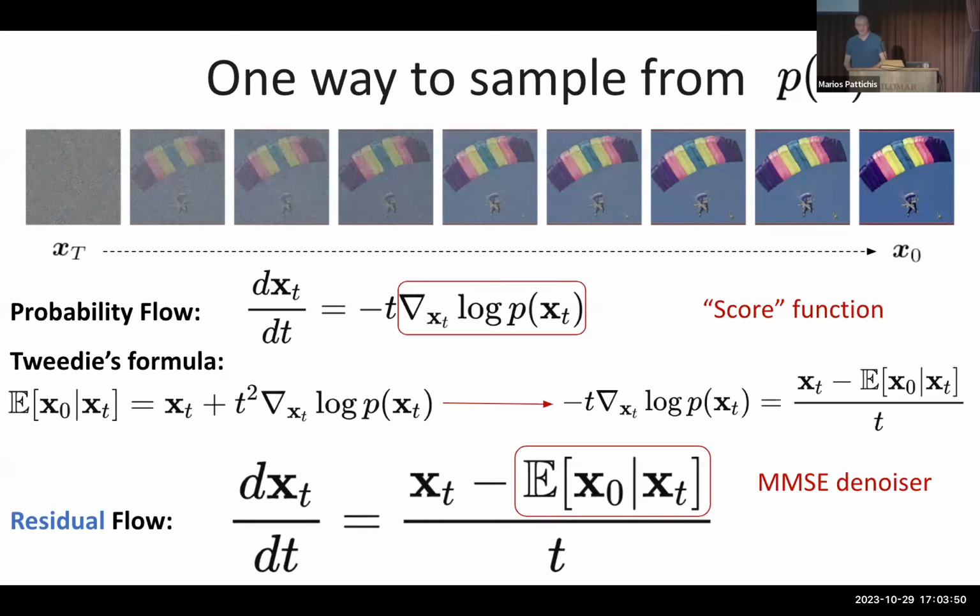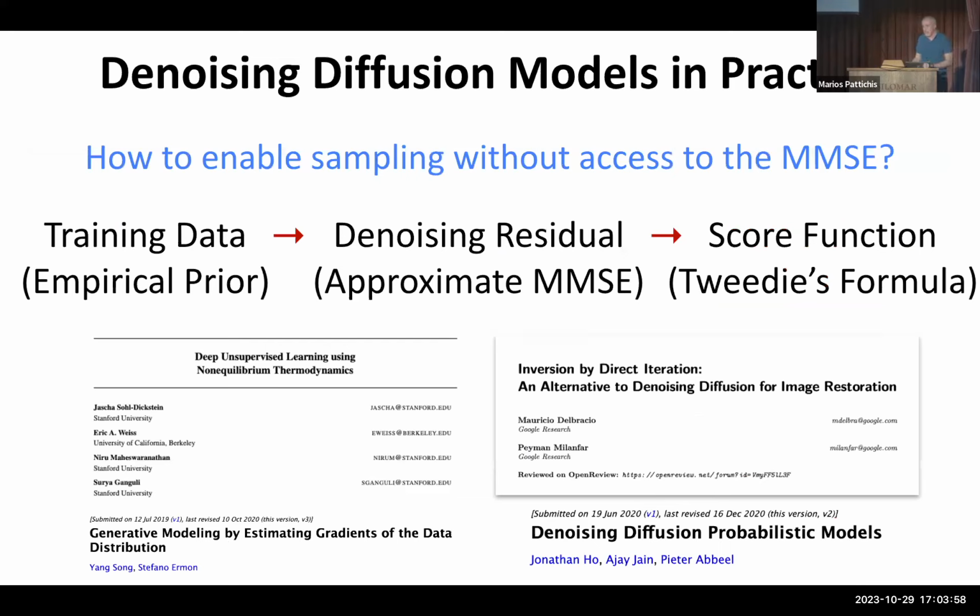And now we have an ordinary differential equation that we can solve with all kinds of numerical techniques. This is the guts, if you like, of diffusion models. And the choice of the denoiser makes all the difference.